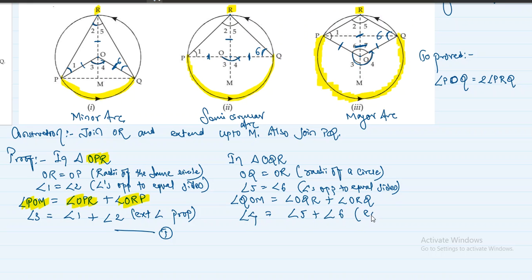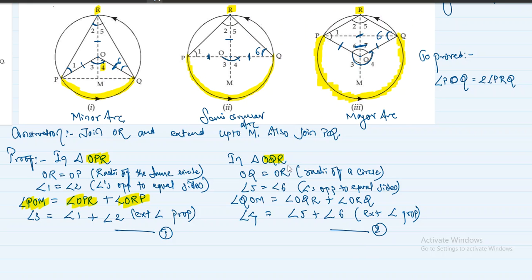What is the reason? Exterior angle property. If you see closely in triangle OQR, 5 and 6 are opposite interior angles. Their sum must be equal to angle 4, which is the exterior angle. Right? So angle 4 is equal to angle 5 plus angle 6, exterior angle property. This is equation number 2.